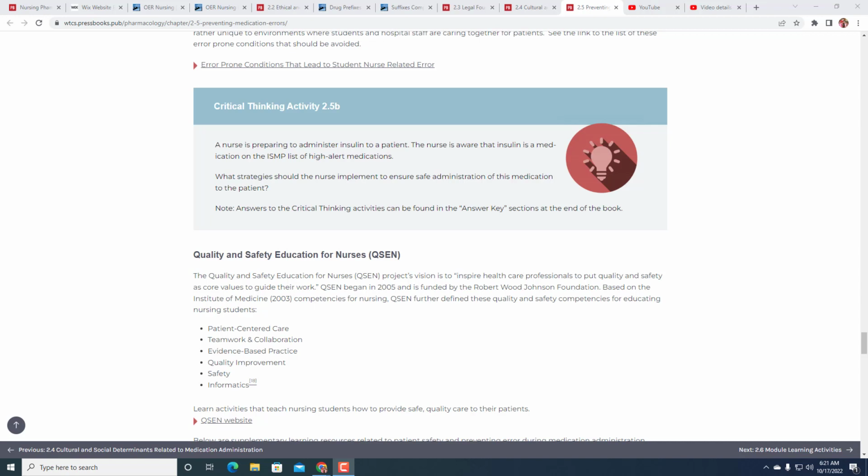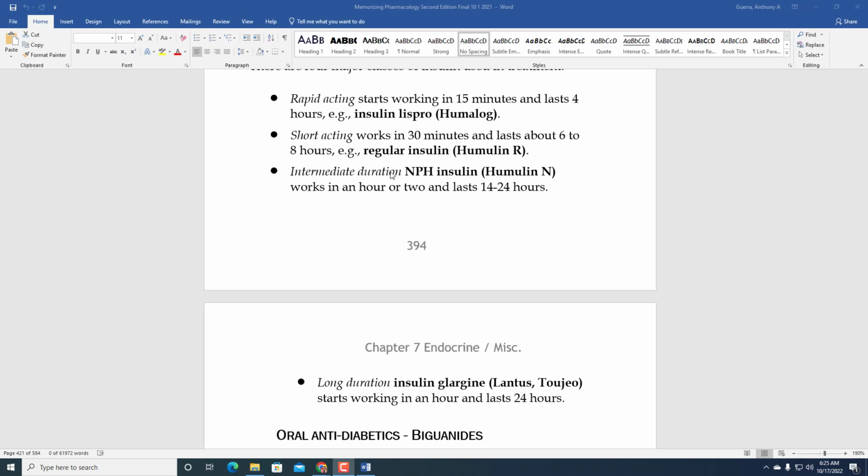But let me show you a page of Memorizing Pharmacology so that you can see where memorizing some of these insulins would be really useful. When you're working on memorizing these, you want to memorize them in some kind of order.